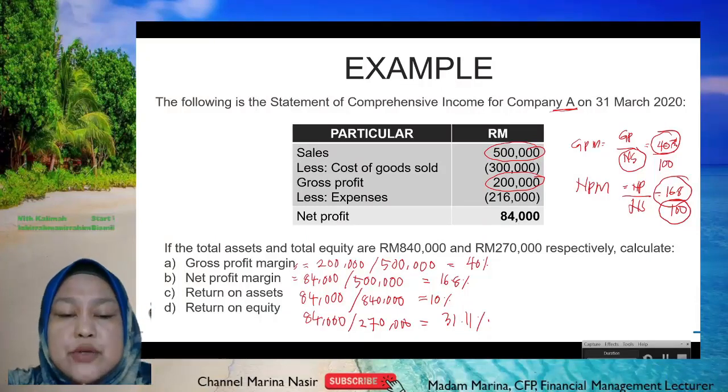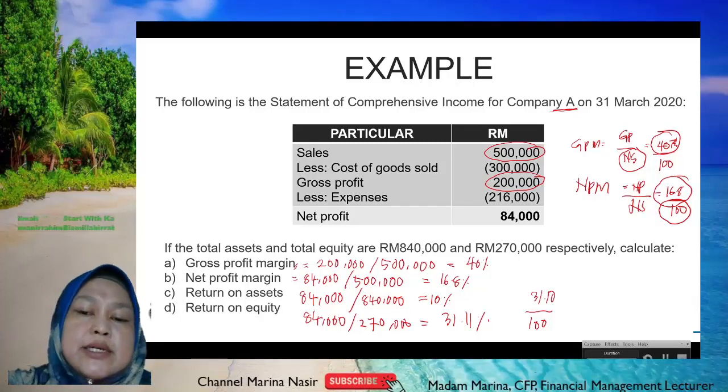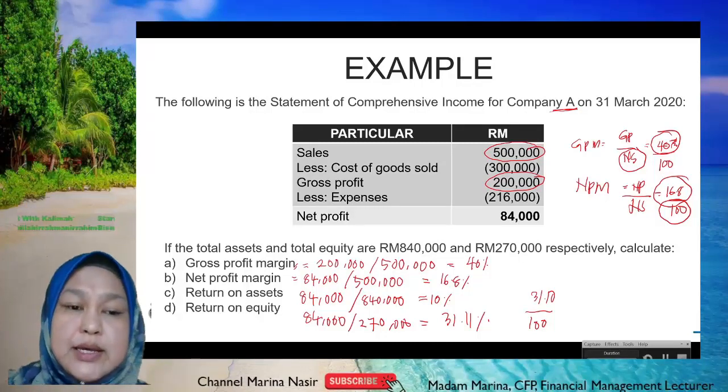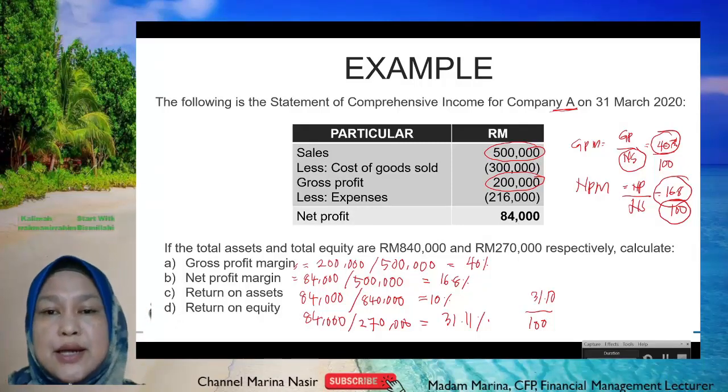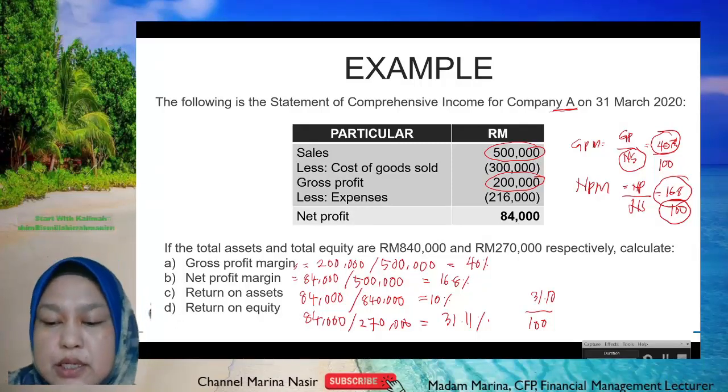So how to interpret this ratio? For every 100 ringgit company A total equity, they can generate 31.1 ringgit net profit. So that's how to calculate and how to interpret the profitability ratio.